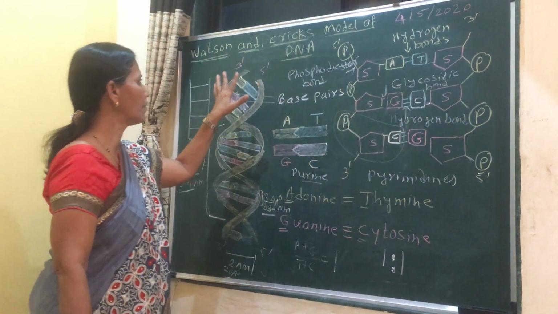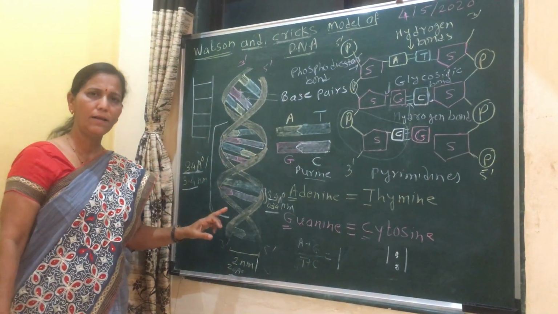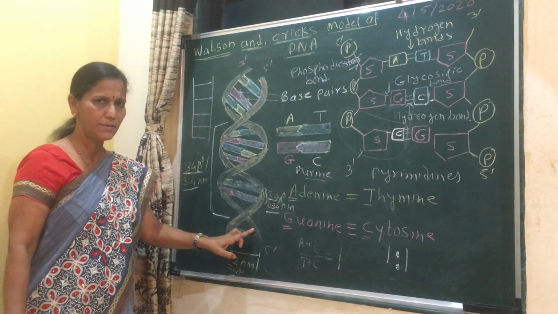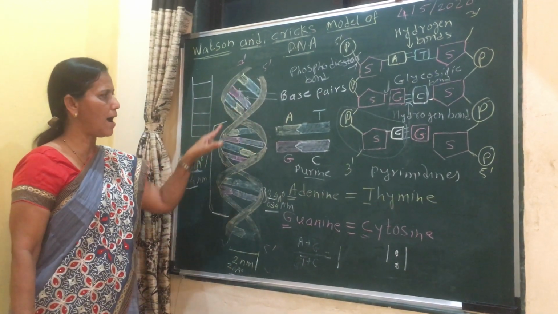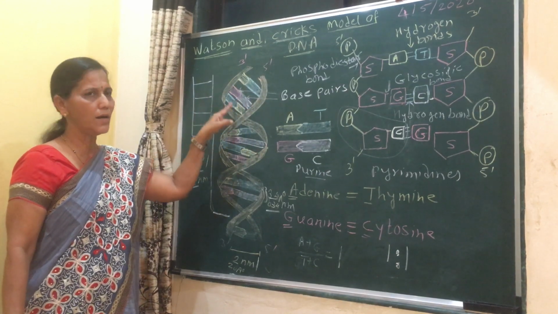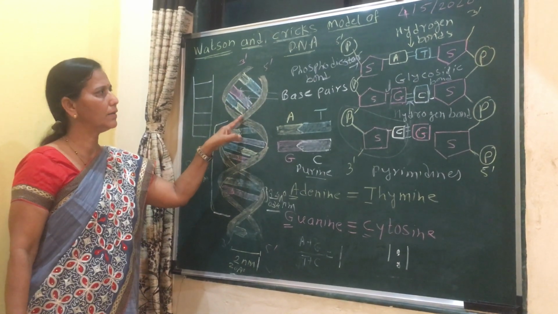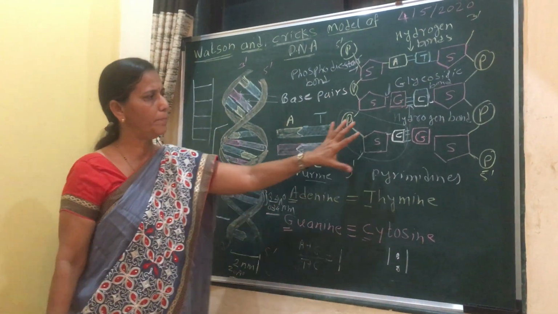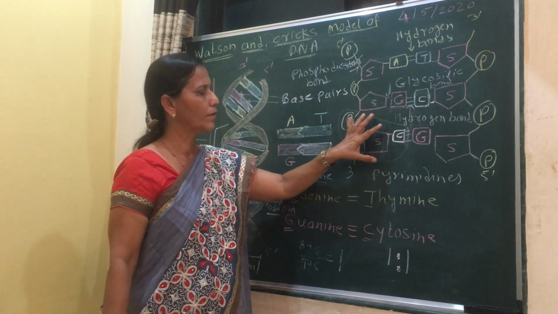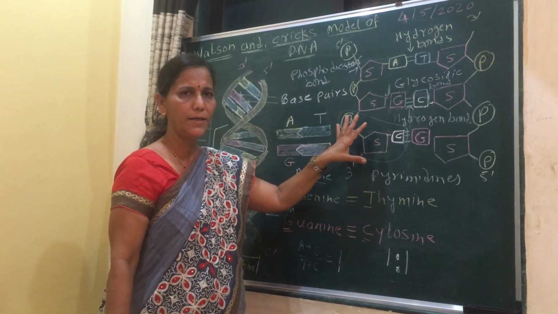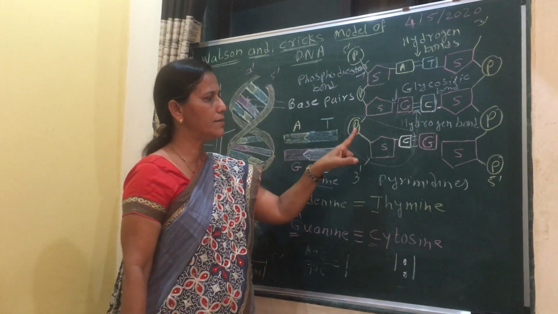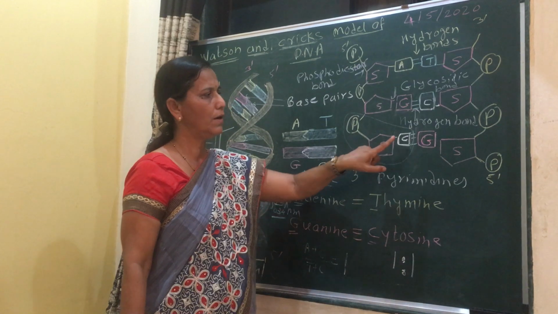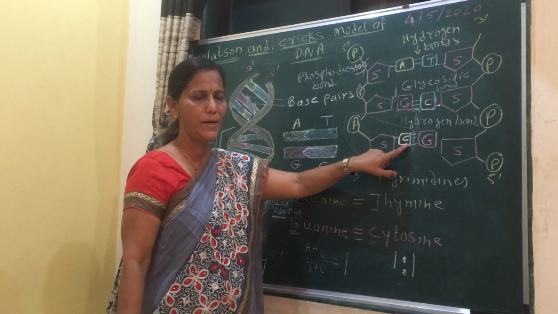First, it is the double helical model. These are the banister or upright arms. These are the rungs or steps, and here each strand is made up of many nucleotides, so it is called a polynucleotide strand. Each nucleotide consists of one phosphate group, sugar molecule, and one nitrogen base.